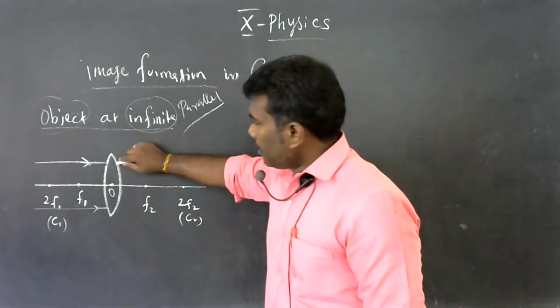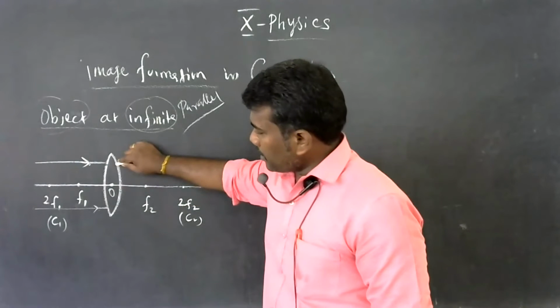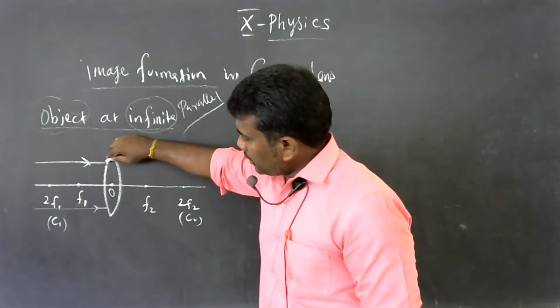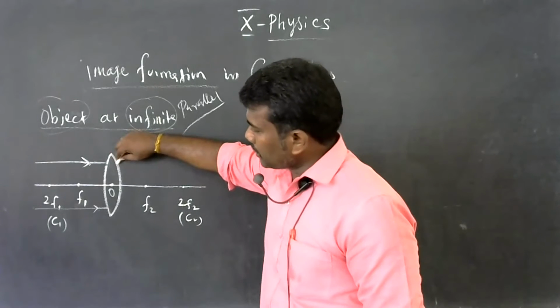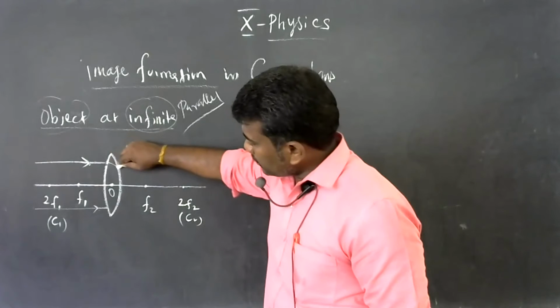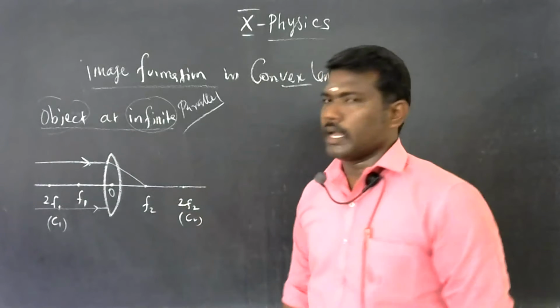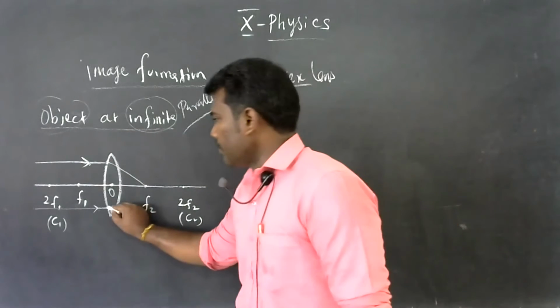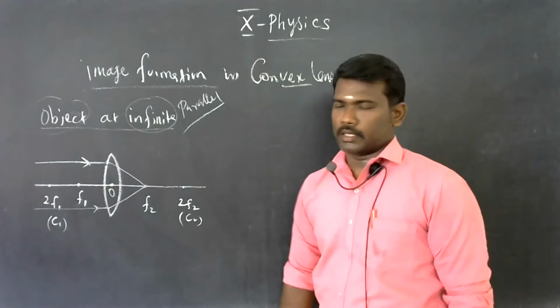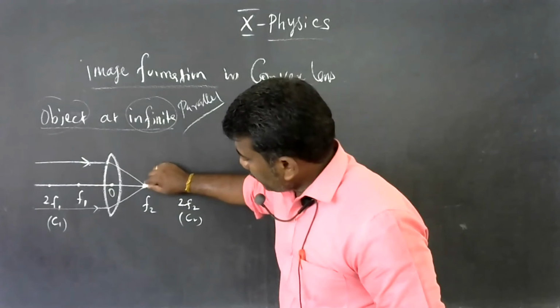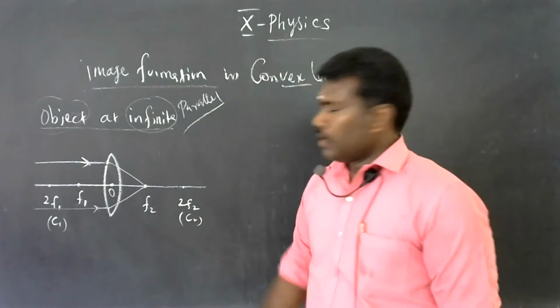Already I told that if parallel light rays are incident on the convex lens, they are refracted by each and every surface in the convex lens. After refraction, the light rays converge at the point F2. That means it is focused or converged at the principal focus. At this point we are getting the image.